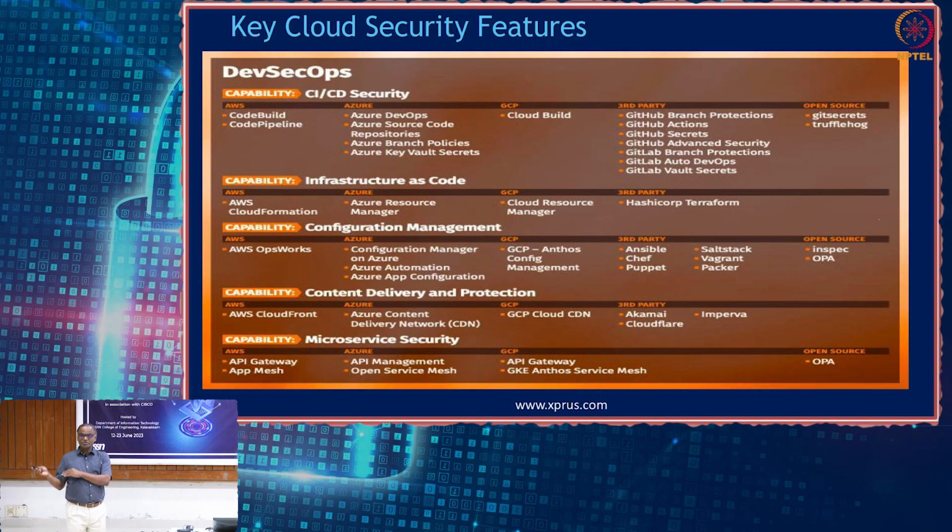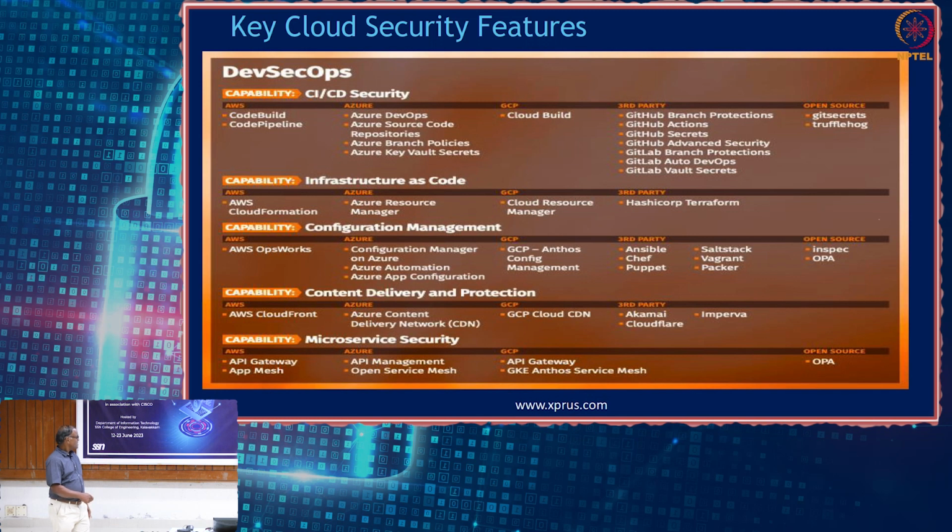In Google Cloud, if you want something, you use that code, change the values, deploy it. So infrastructure as code. In AWS, it is called CloudFormation, and here it is Cloud Resource Manager. And Terraform, that is the tool commonly used by everybody. Terraform is used by every organization to provision the cloud resources using templates and code.